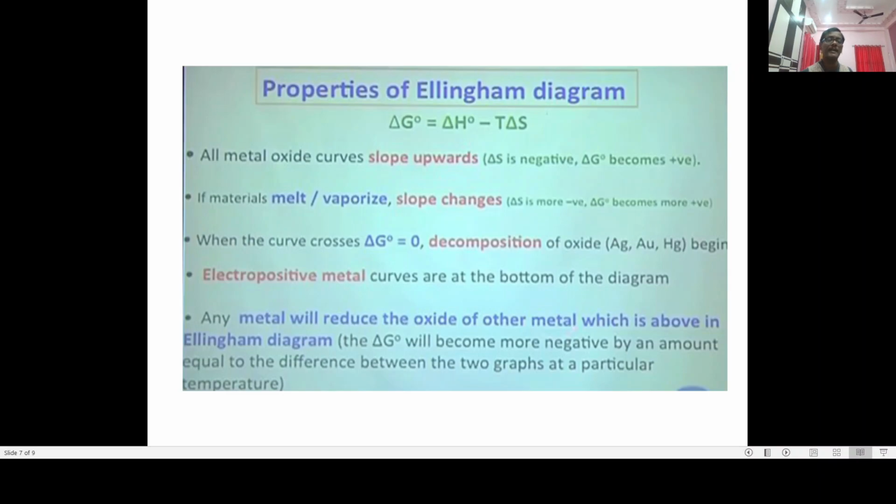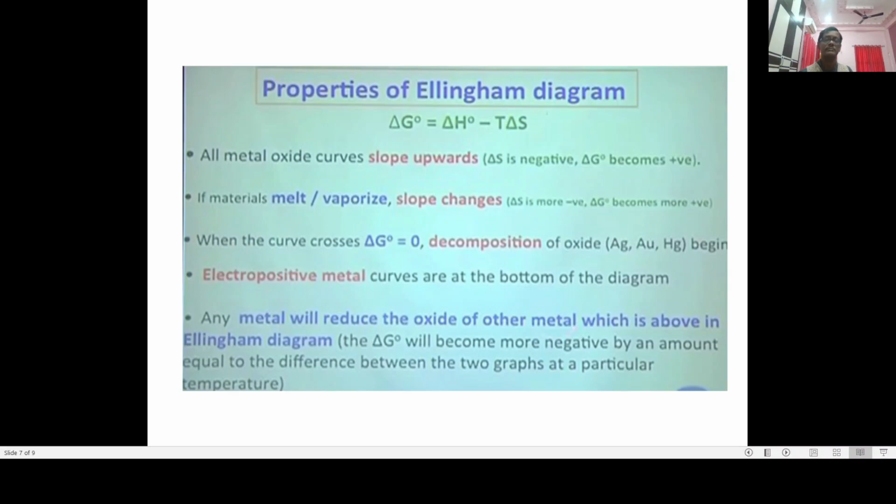Electropositive metal curves are at the bottom of the diagram. Any metal can reduce the oxide of other metals above it in the Ellingham diagram, with delta G0 more negative by an amount equal to the difference between the two curves.